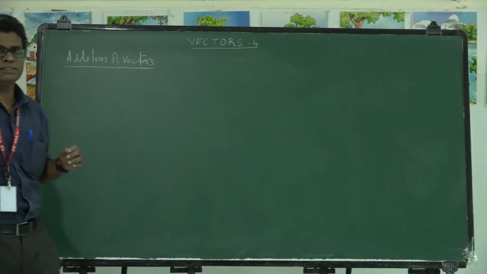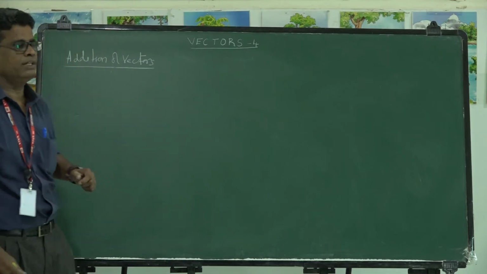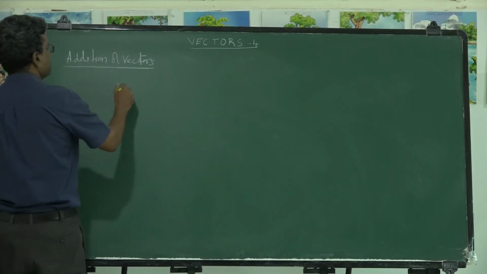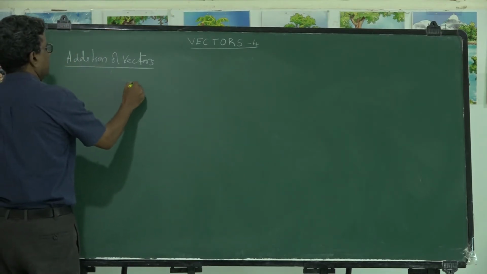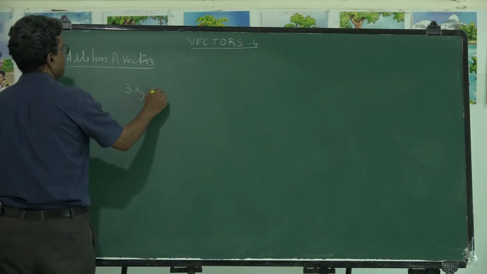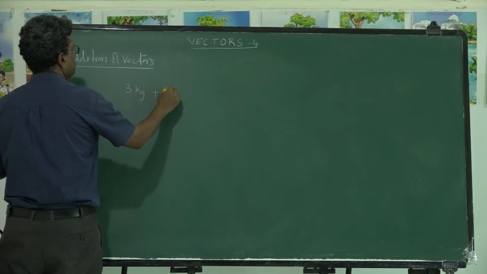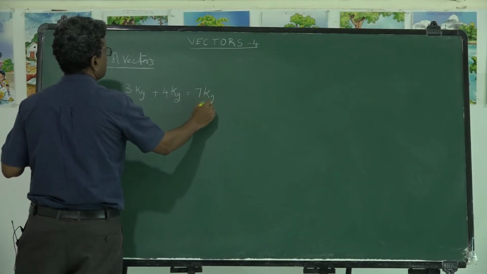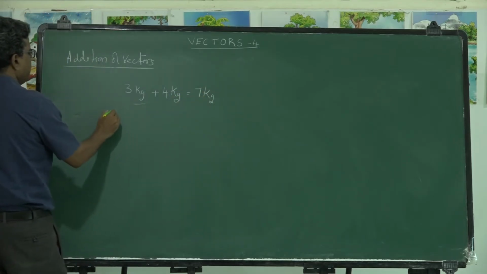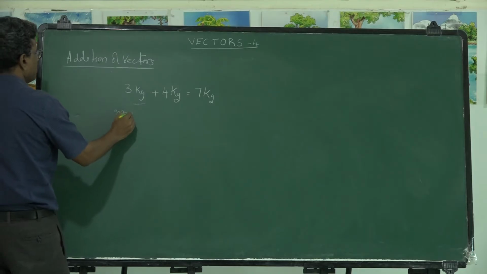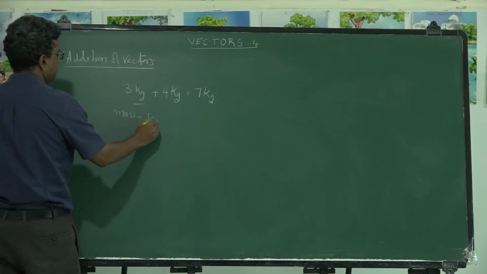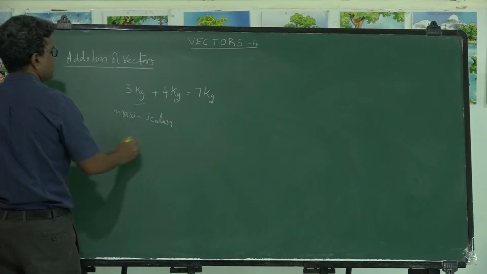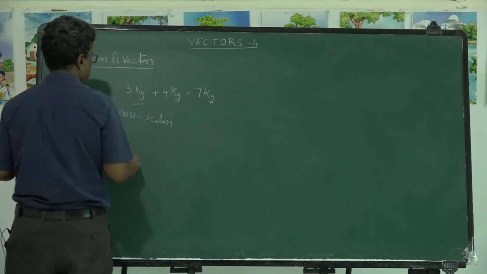As we discussed from the principle of homogeneity, 3 kg mass plus 4 kg mass gives 7 kg mass. So kg is a unit of mass. Mass is a scalar quantity. So we can add as it is.